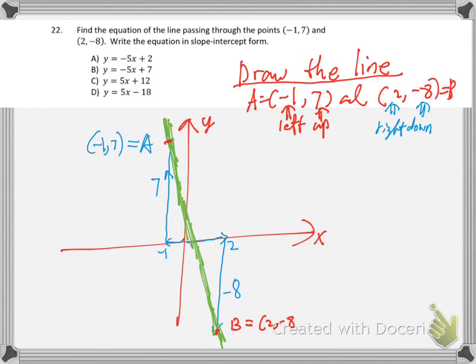So now let's look at this answer, slope-intercept form. Where is this b? This b is the y-intercept. Based on our green line, based on our picture, where's the y-intercept? It's this triangle. Let's look at ABCD.